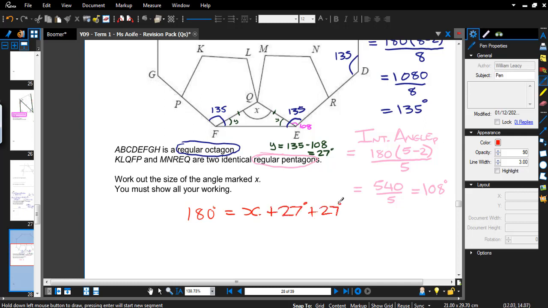You don't have to put the degree symbol in here, I'm just showing you where it comes from. That implies 180 minus 54, because 27 plus 27 is 54, equals x. That implies x equals 126 degrees. Coolio, done. Right, let's move onwards and upwards.